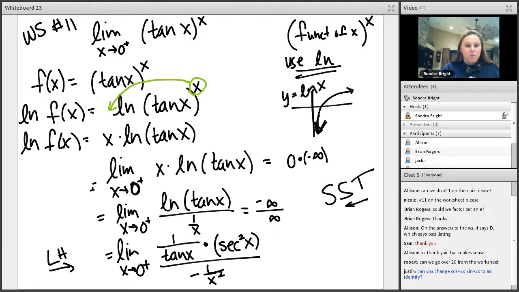Okay, so identify what's the indeterminate form. Tangent of 0 is 0, and then plugging in a 0 into x is a 0. So that's what you would say for the indeterminate form. It would be a 0 to a 0 on this problem. So that is why it's A for your final answer.